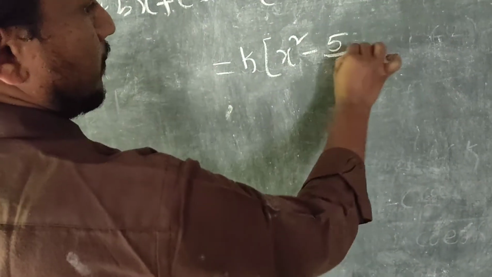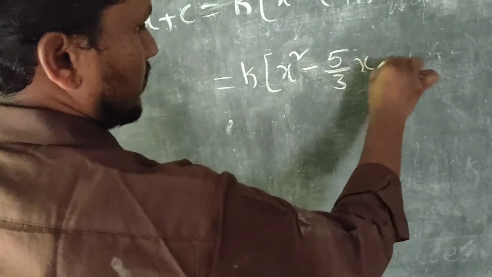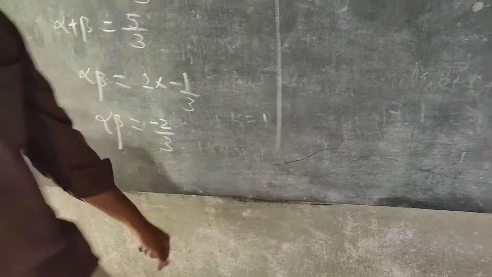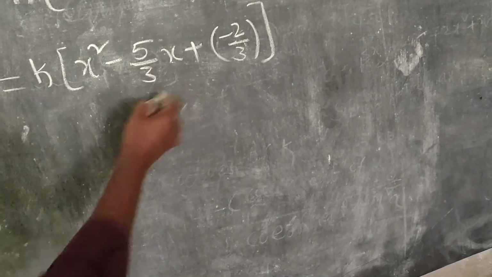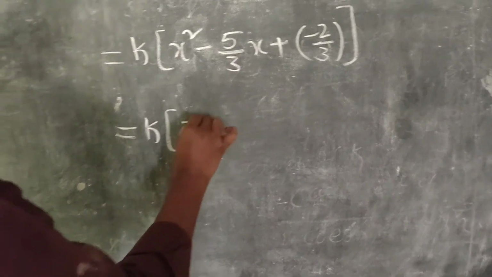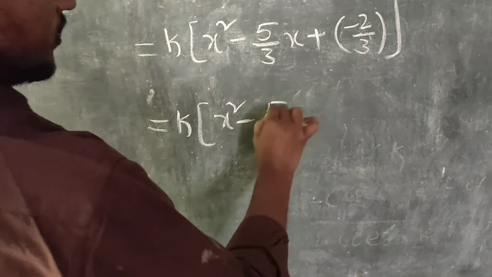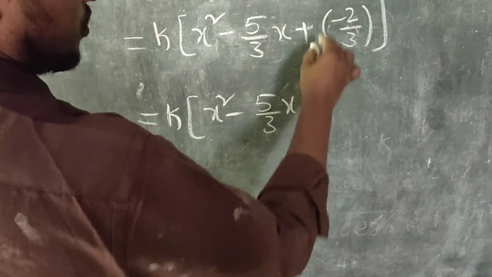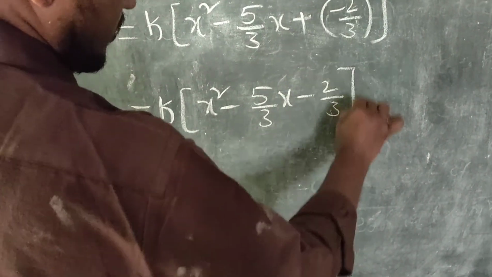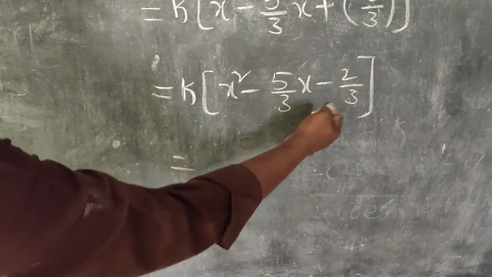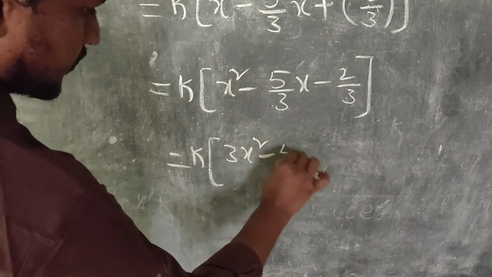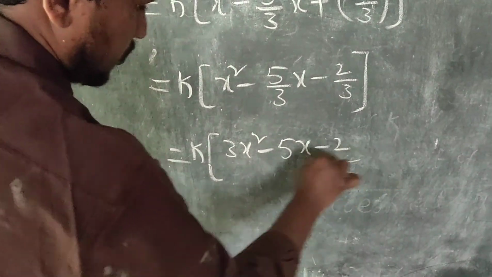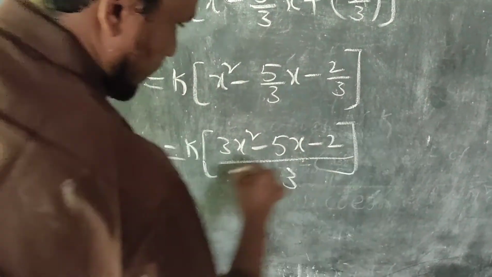Substitute 5 by 3 into x plus the product of the zeros alpha beta, which is minus 2 by 3. Simplify: k into x square minus 5 by 3 into x plus into minus 2 by 3. Taking the LCM, k into (3x square minus 5x minus 2) totally by 3.